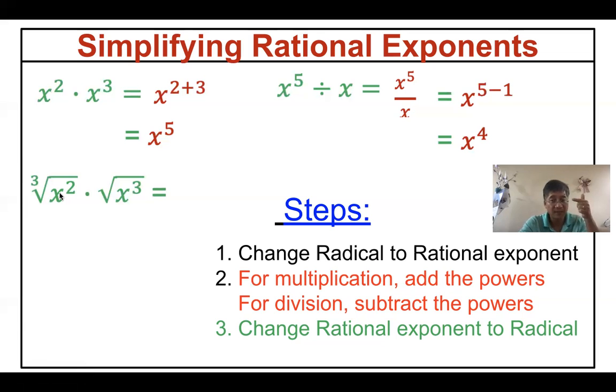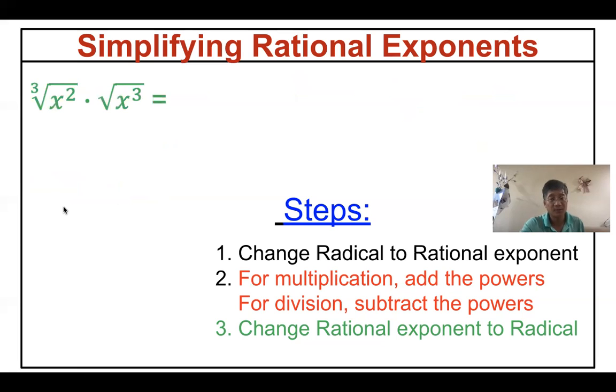You have the fraction. Then think about numerator and denominator, right? Which one goes to the numerator? Which one goes to the denominator? Simple. This goes to the numerator, and this goes to the denominator. So this one is x to the third power. Makes sense?